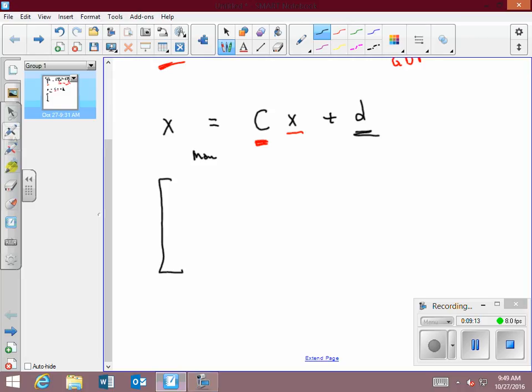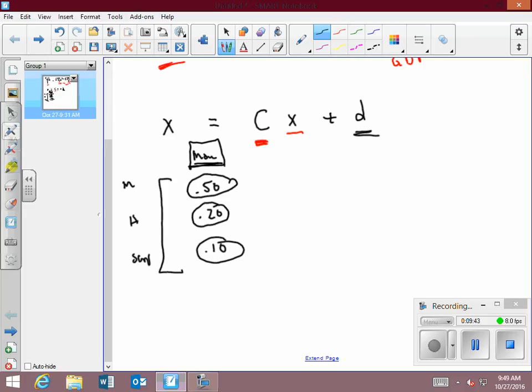When it says 0.50, 0.20, 0.10, and it says manufacturing, agriculture, and services, it's saying to produce 1 unit, it takes this much from manufacturing, this much of a dollar from that, and that much of a dollar from there. And that's the vector that tells you the cost per unit of output.